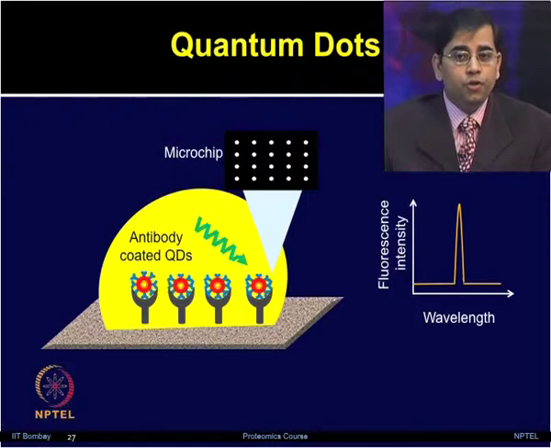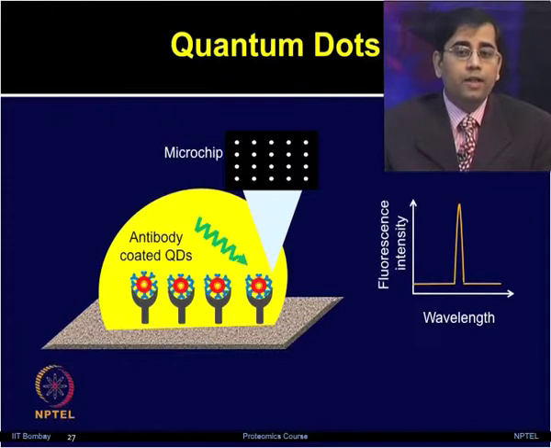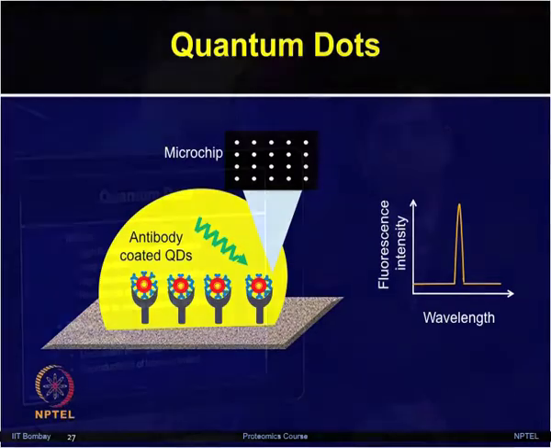The excitation of quantum dots with incident light leads to formation of excitons due to the absorbance of a photon with higher energy than that of the band gap of the composing semiconductor, and this fluorescence intensity is measured as shown on the right hand side graph.